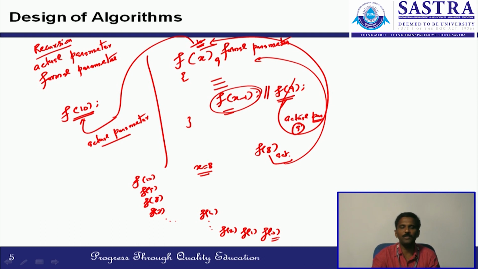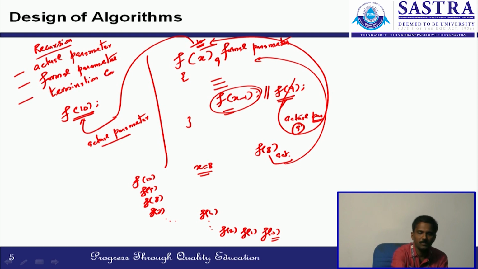At one stage we need to clearly specify the termination condition. So in recursion, another important thing is specifying a termination condition. That means when to terminate the recursion, that termination condition should be properly defined.